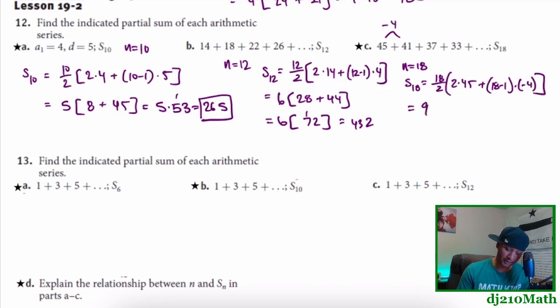18 divided by 2 is 9. 2 times 45 is 90. Plus 17 times negative 4. So 4 times 7 is 28. Carry the 2. 4, 5, 6, 68.